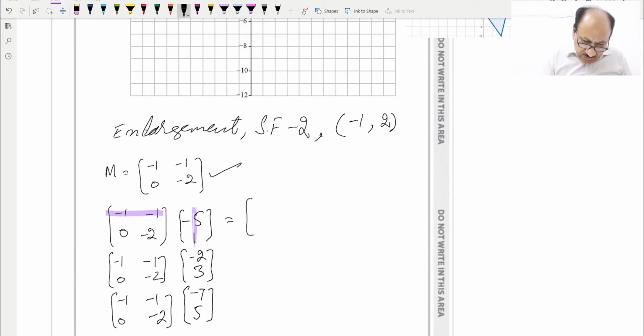Minus 1 into minus 5 will be plus 5. So we can write here 5, and then the second row with the same column, this will be multiplied, and we will be getting 0 into minus 5 will be 0, and minus 2 into 1 will be minus 2.